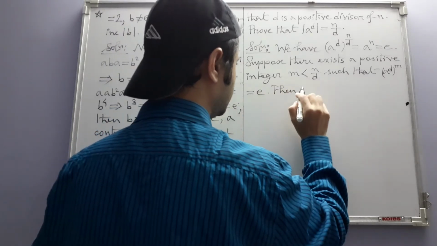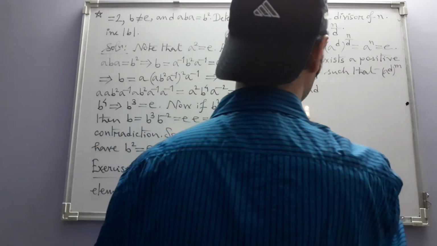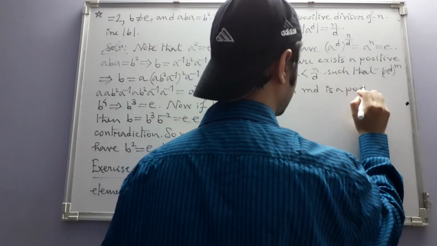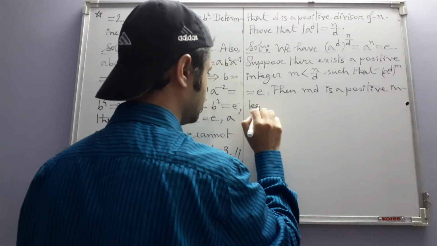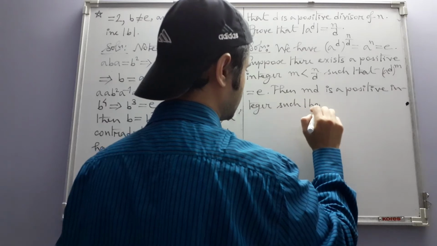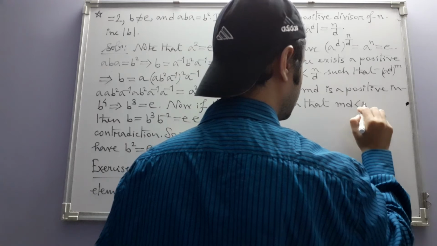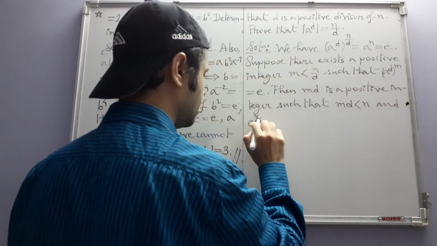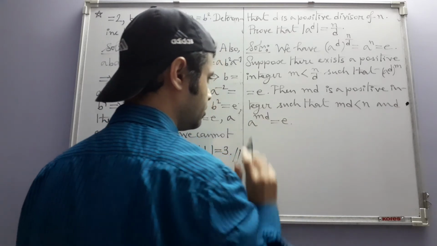Then from this inequality we have, or in fact we can write like this, then md is a positive integer such that it is strictly less than n and a to the power md, dm, md same thing, is equal to e.